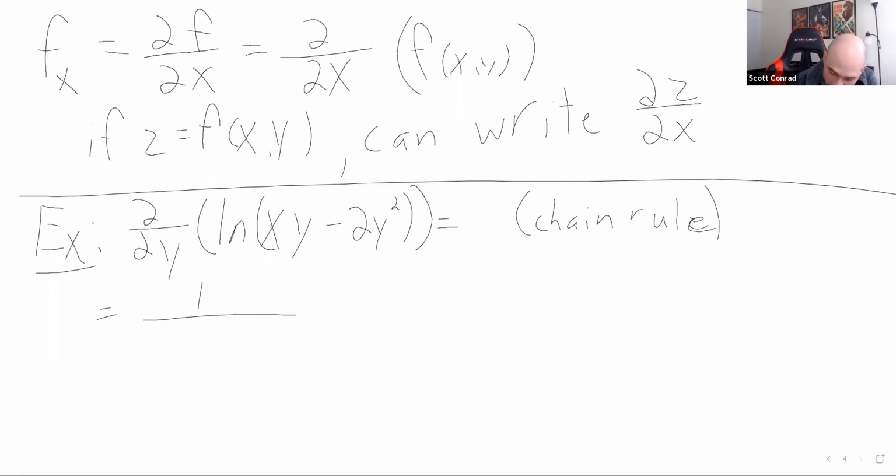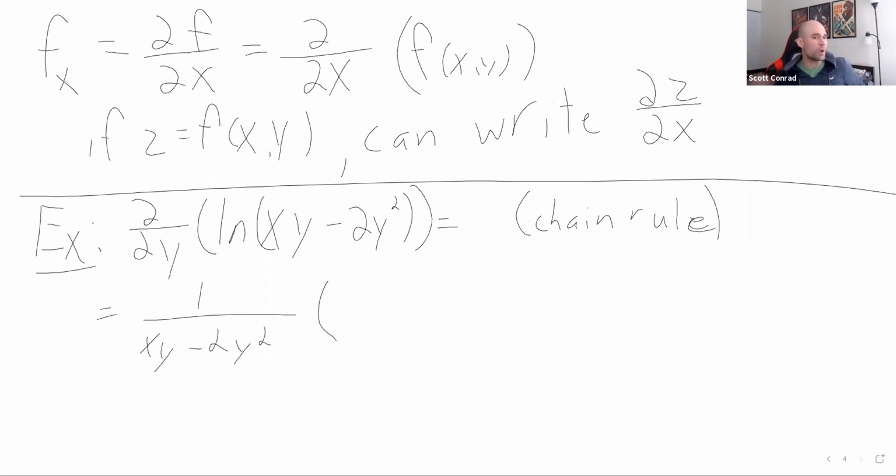So we get 1 over the inside. 1 over xy minus 2y squared. And then times the partial of the inside with respect to y.